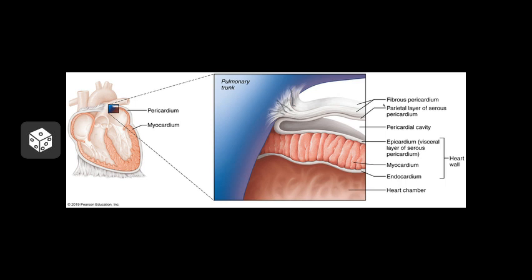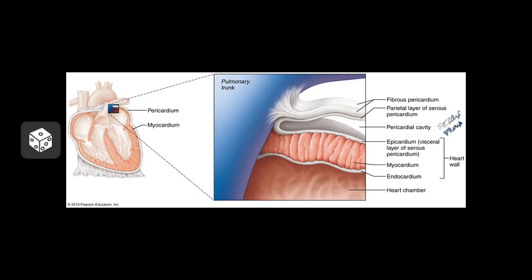Deep to that is the parietal layer of the serous pericardium. Deep to the parietal layer is the pericardial cavity. What is inside that cavity? Serous fluid. If this is not familiar, you need to go back and take a look at the serous membranes.